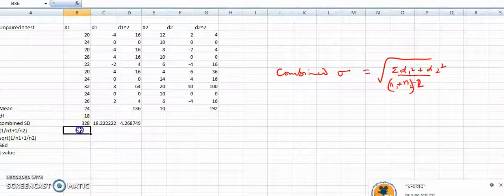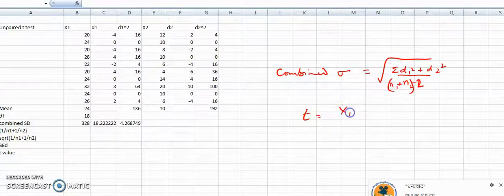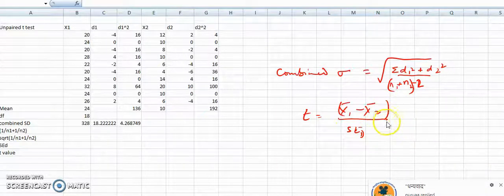Now let us find out the 1 by n1 plus 1 by n2 value, because in the formula for t-value calculation, the formula for t-value was the difference of the means divided by the standard error of the difference of means.